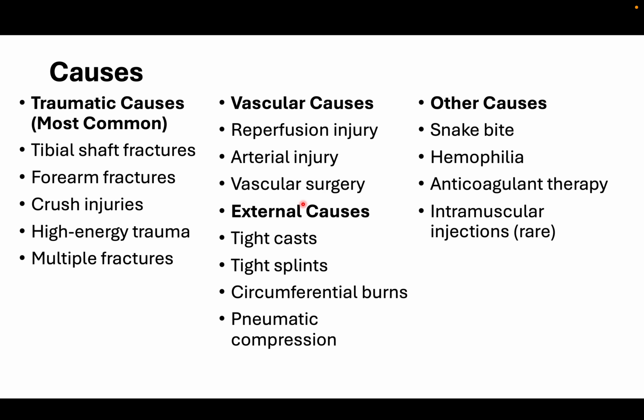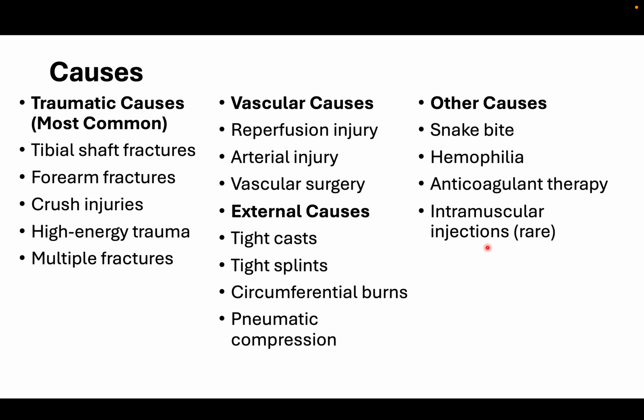In vascular surgery, whenever there is a vessel cut or arterial injury, when we repair such injury after a long period of time, then these patients can develop compartment syndrome. External causes are tight cast, tight splint, circumferential burns, pneumatic compression. These we already discussed in the previous video. Other causes are snake bite, hemophilia patient, anticoagulant therapy, and intramuscular injection.